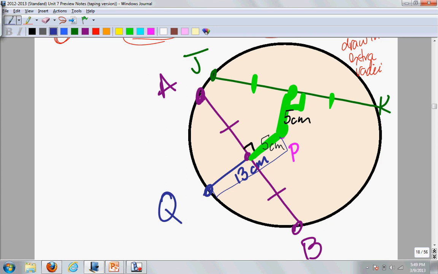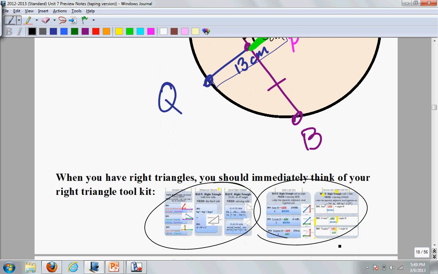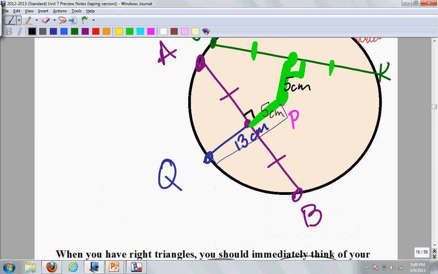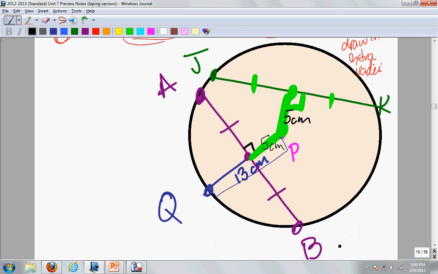Remember I told you that right triangles are the key to the universe? Because right triangles are so critical, if you ever have an opportunity to make a right triangle, you should take advantage of that. For example, let me give you one example here. We have a right angle here, so you want to look for a way to make a right triangle, which I'm going to do here.